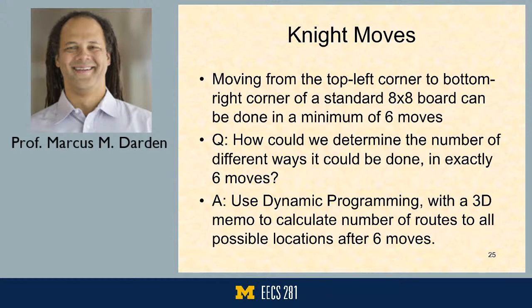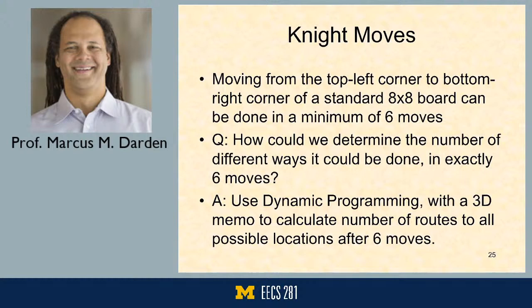How can I determine the exact number of ways I can move from the top left to the bottom right in 6 moves? So we're going to do this with DP and a 3D memo. The 3D is because the board is already 2D. And then the programming direction is how many moves it's taken me, right? Where am I going to be after 5 moves? Where am I going to be after, important, 6 moves?